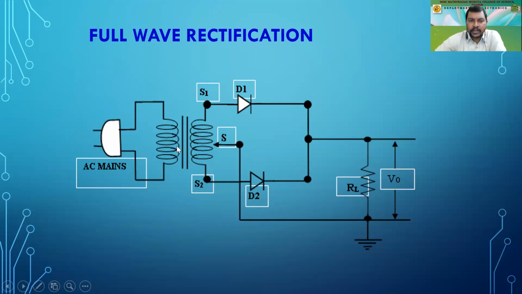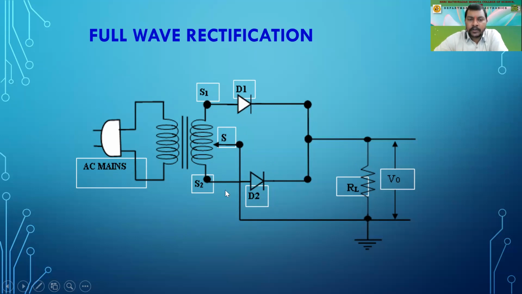We have applied an AC voltage, and this is a center tap transformer where we have three terminals, S1, S, and S2, of the transformer, right? So during the positive half cycle, what happens?